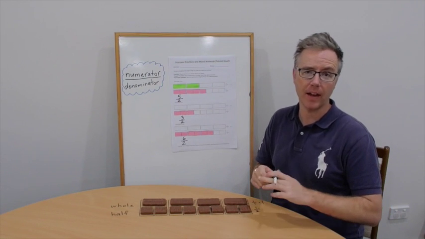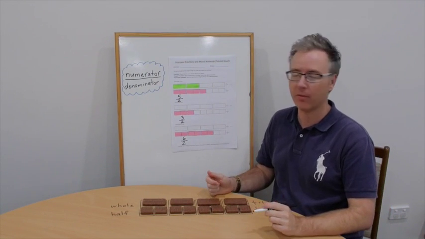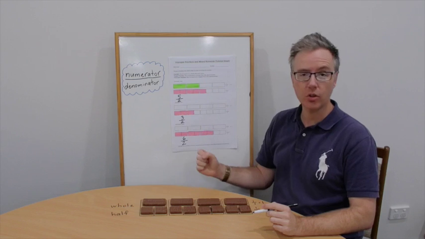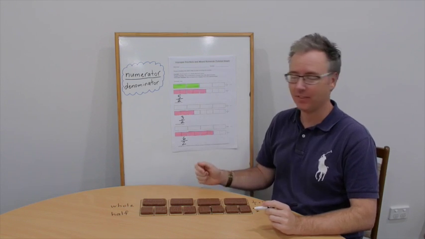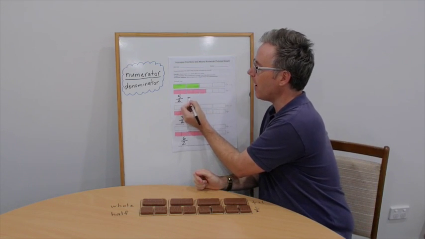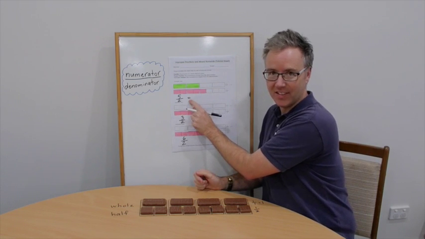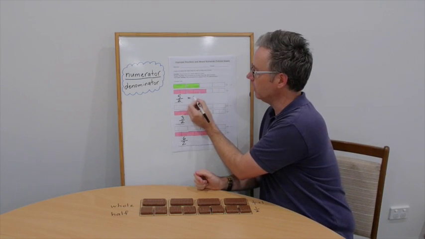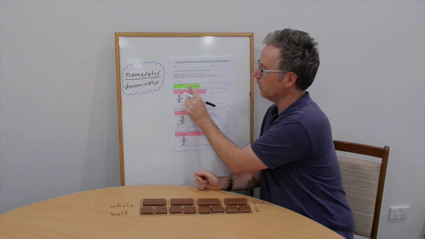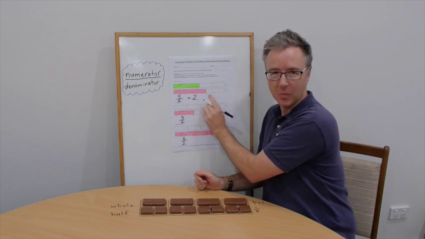So now let's write that next to our improper fraction. We actually have 2 wholes and a half left over. So 5 halves is the same as, equals, 2 wholes and 1 half.